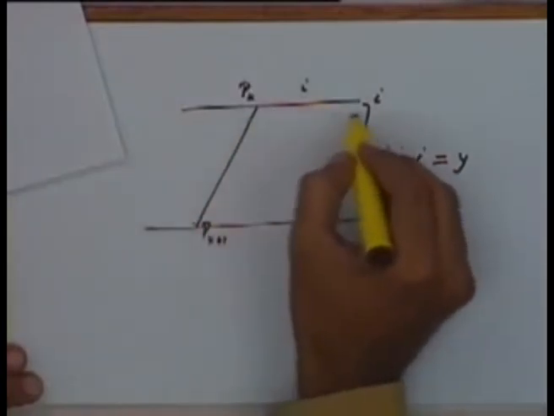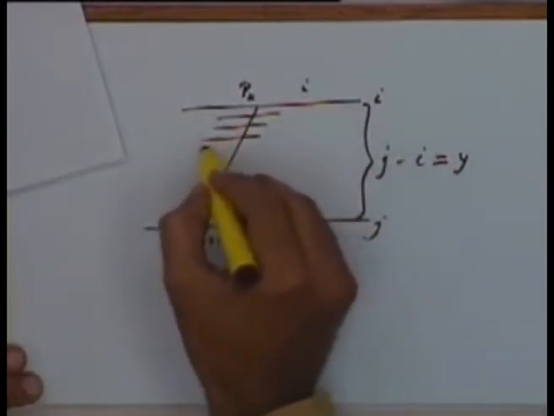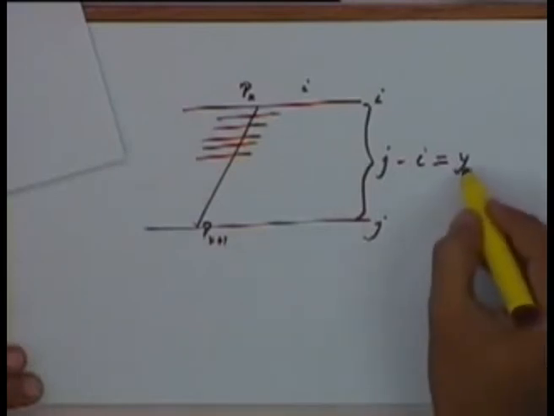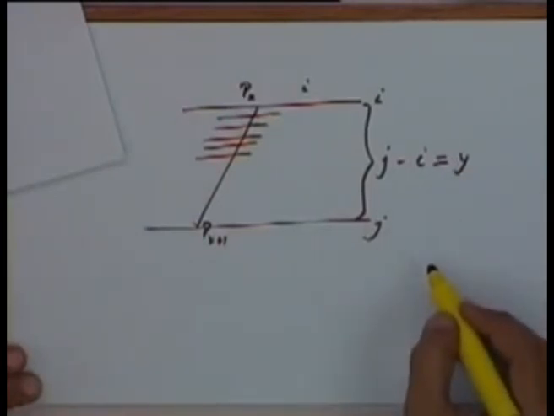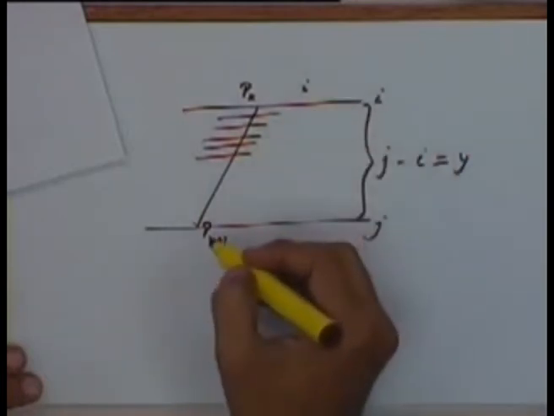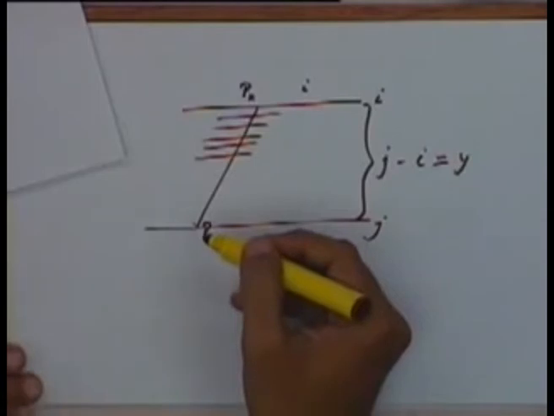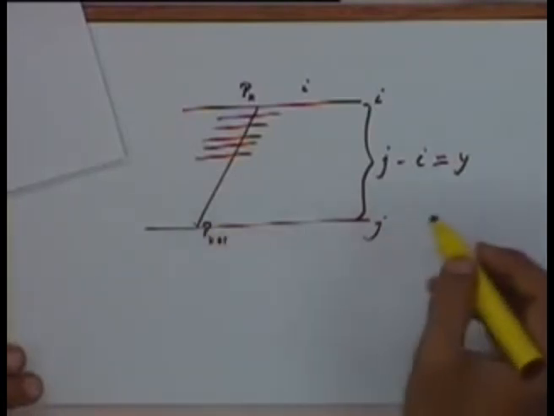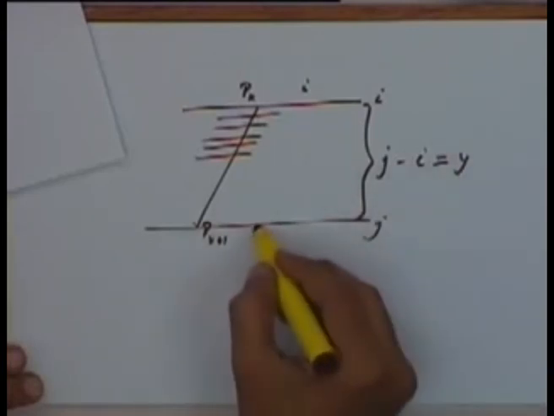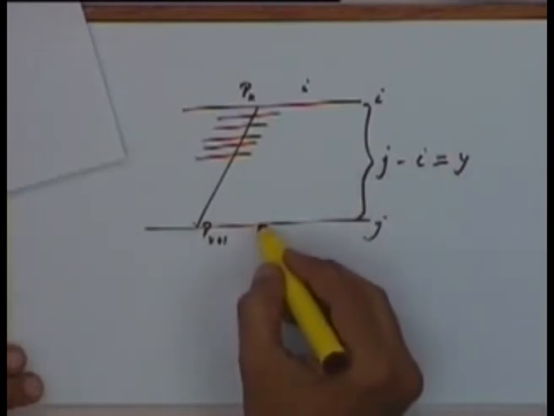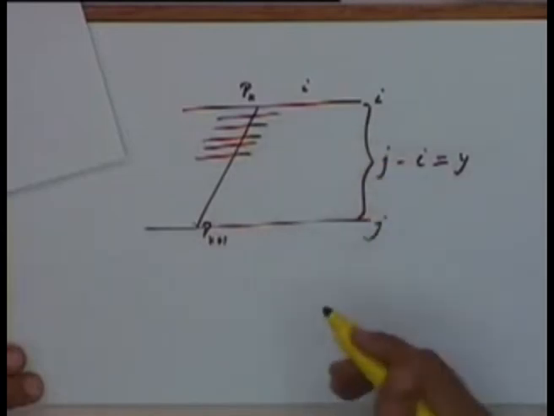As we go from one scan line to the next, we will keep decreasing this number by 1. Okay. So, the number of scan lines remaining would become 1 less every time. The moment this number becomes equal to 0 or becomes less than 0, you will delete that edge.